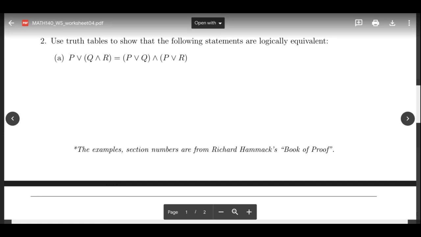Anybody has a truth table to show? Let's see. Let me try to follow this. Do you like to share your truth table?